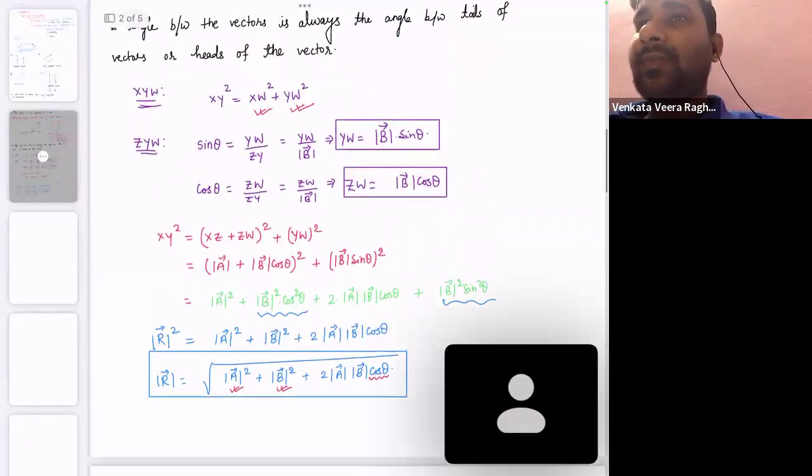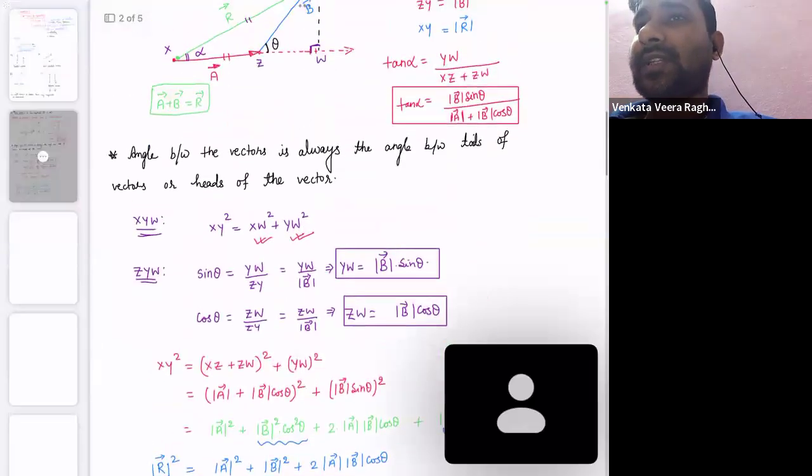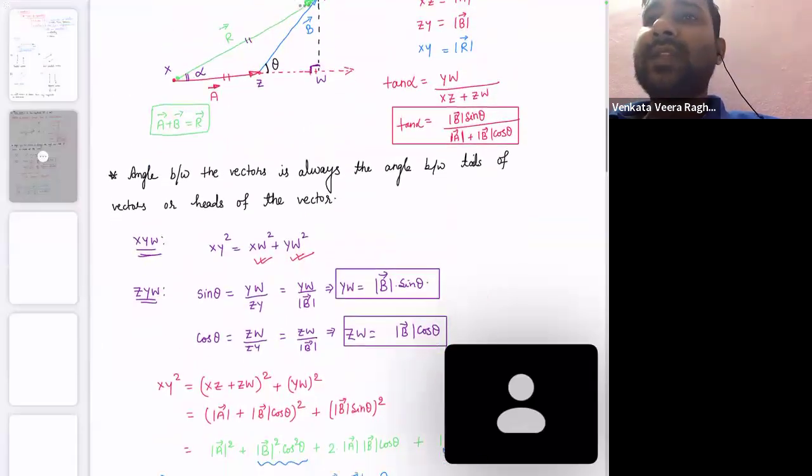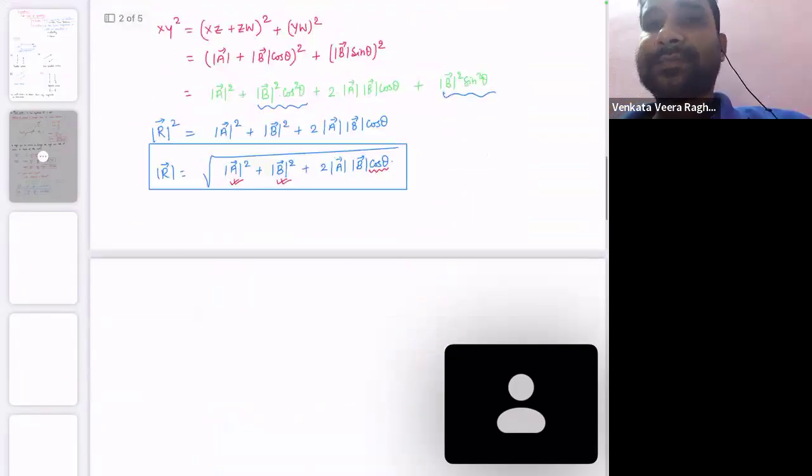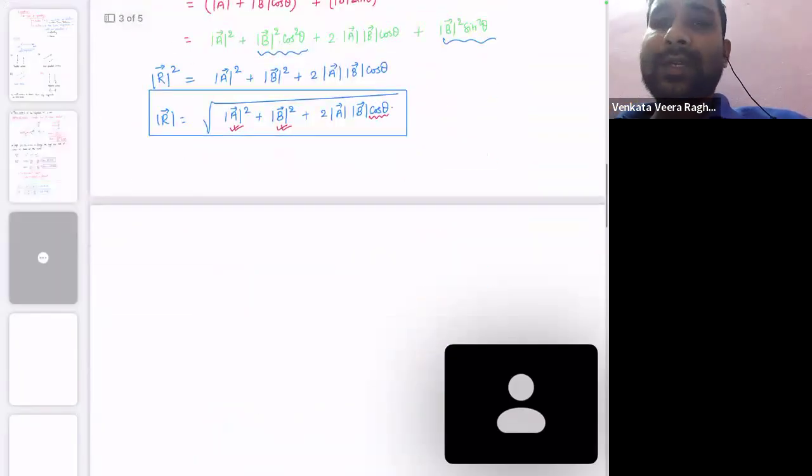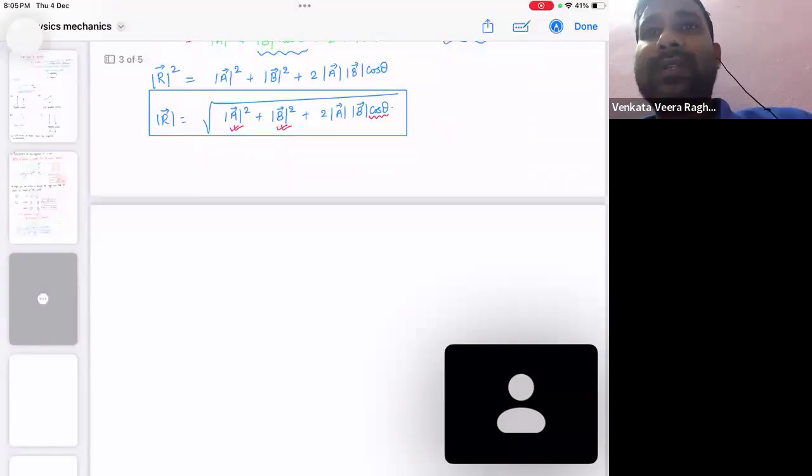If we want to calculate the resultant of two vectors, we need the magnitude of the vectors, and at the same time we also need the direction between the two vectors, isn't it? So let's take a few examples and try to understand how we are going to solve the questions on that, okay?